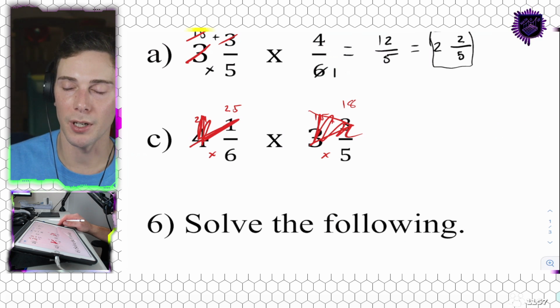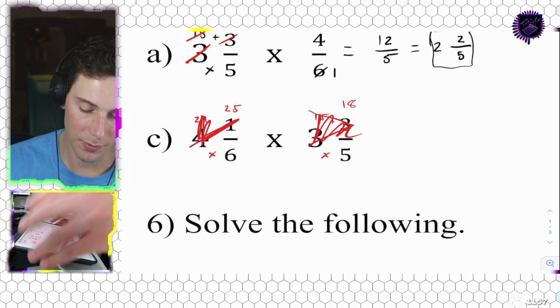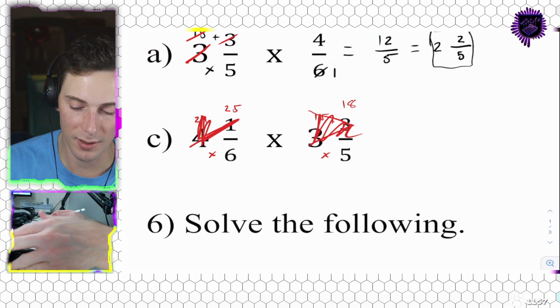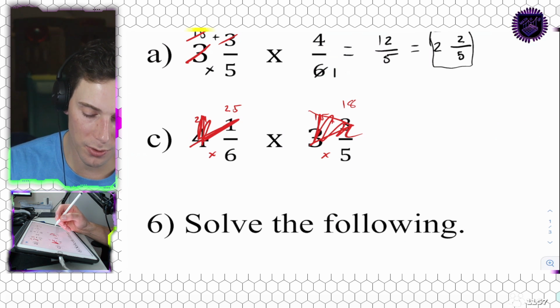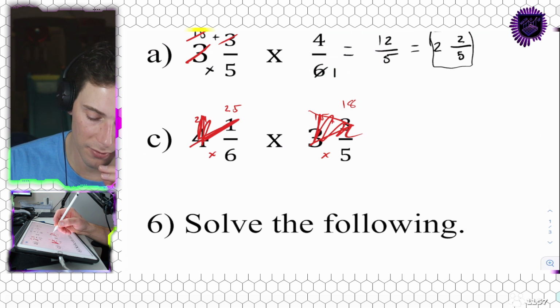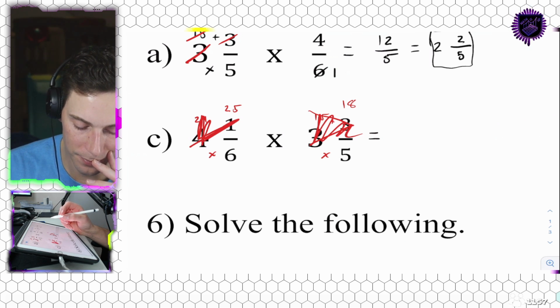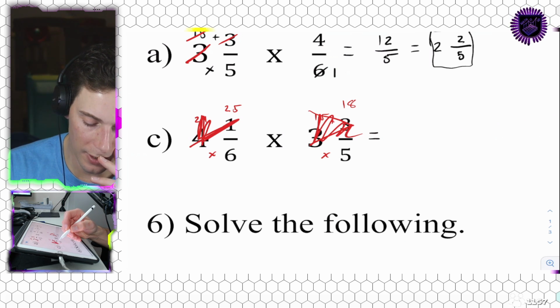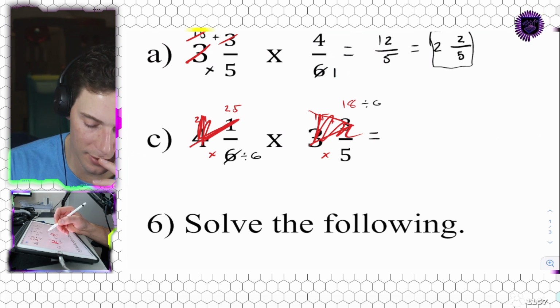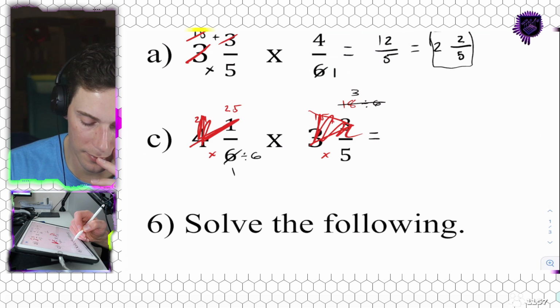Or if we break it up into simpler parts, like we've been talking about this whole time, this is when factoring out early has such a beneficial effect. What we're going to do is factor out and find the GCF of this number and this number, which is 6. This is going to be 3. This is going to be 1.